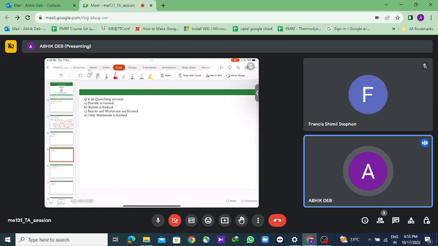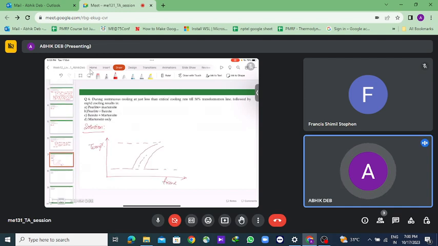It is said that till the 50% transformation line, we are transforming it. Then what will be the structure formed? Can you tell me?